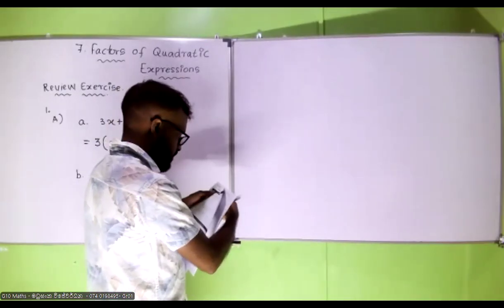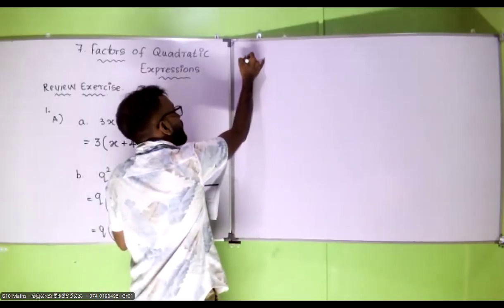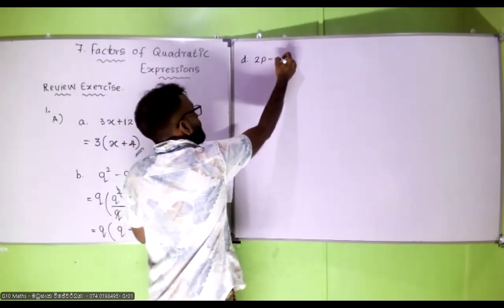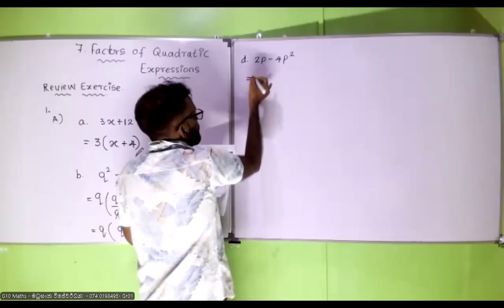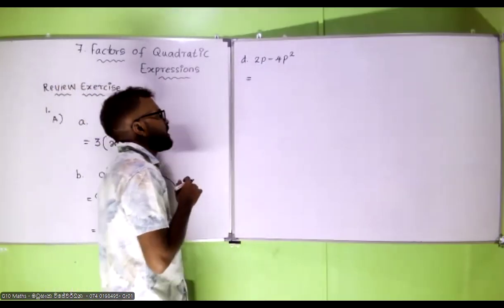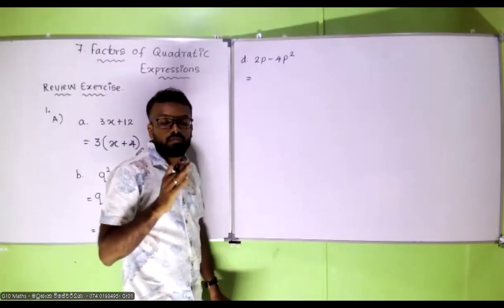Right. So, part D, right? So, what we have here, 2p minus 4p square, equal mark. By looking at this, there are numbers and the algebraic terms as well.